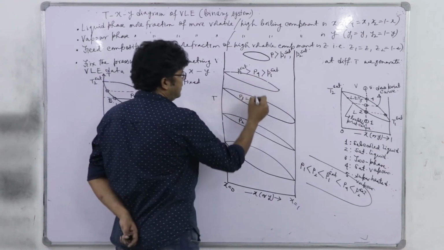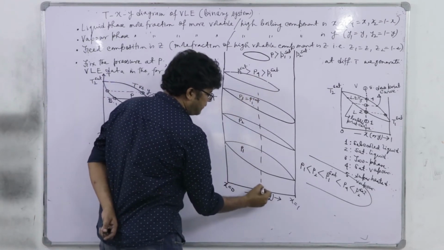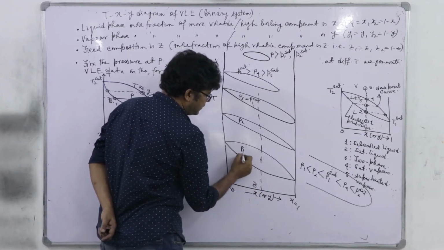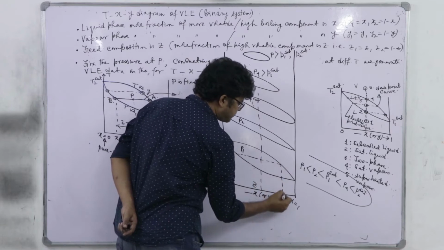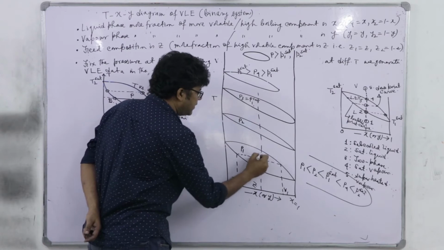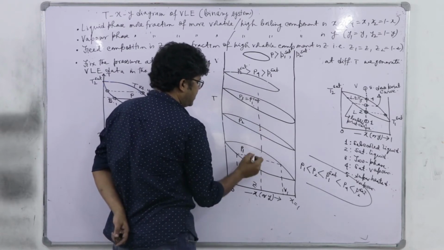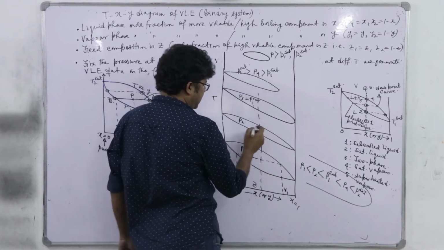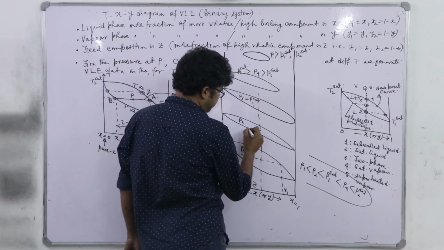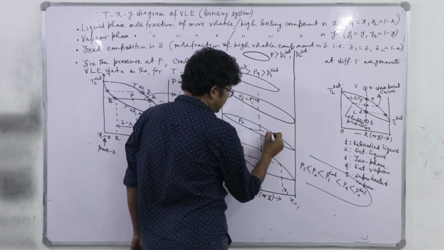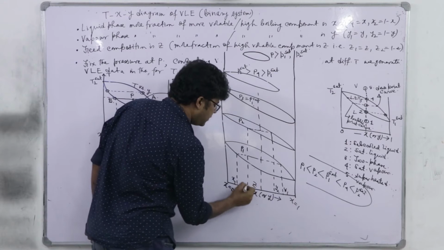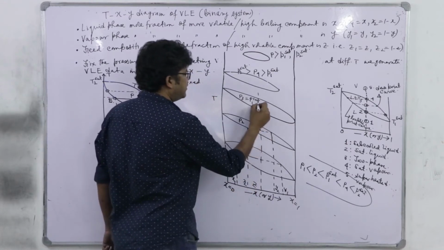If I think of a feed of composition Z, here we have this as y1, this as x1. The same feed at the same intermediate point with an elevated pressure, naturally the temperature will increase. So you see that this is y2, this is x2. Further it will decrease also.